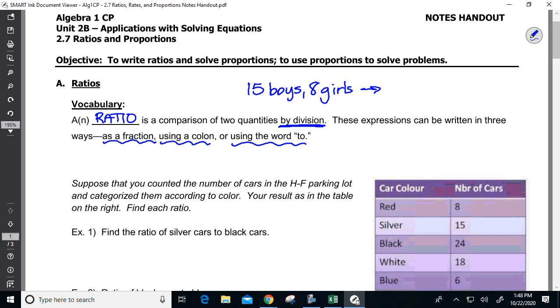You can write it as a fraction, 15 over 8. You can write it using a colon, 15 colon 8. Or you can write it using the word "to," 15 to 8. So those are the three ways that they can be written.